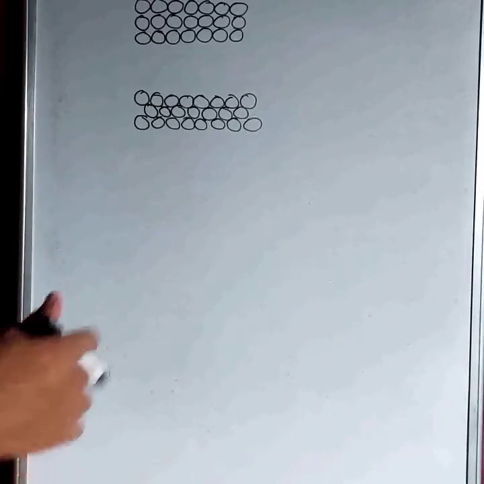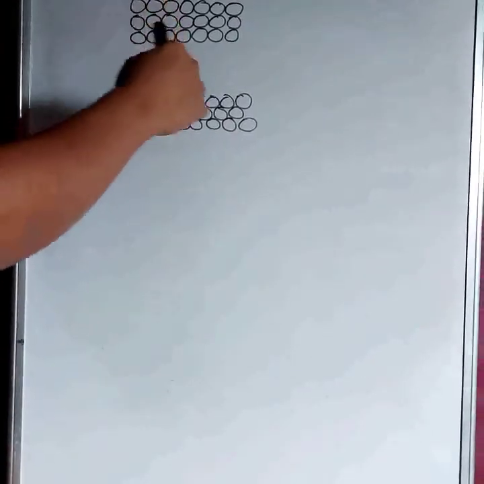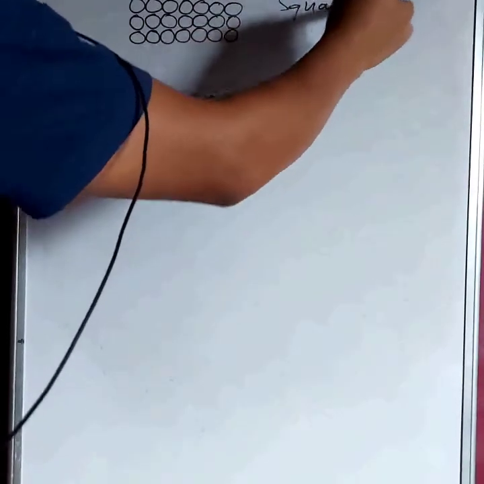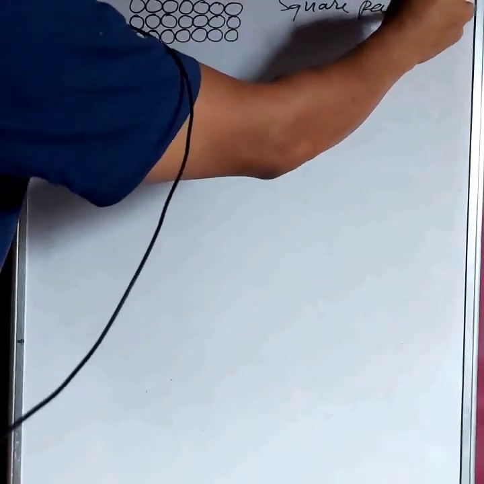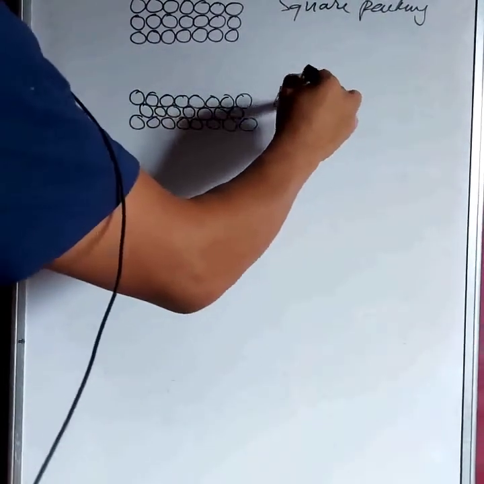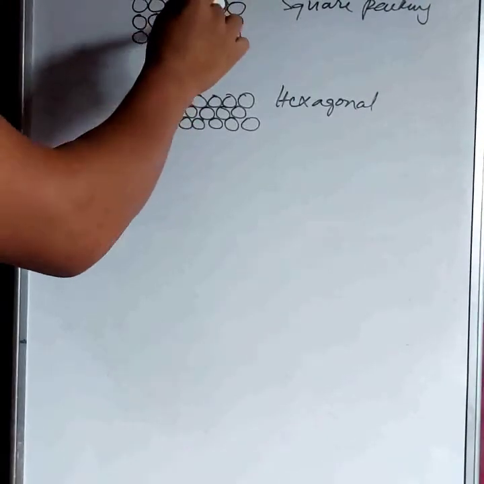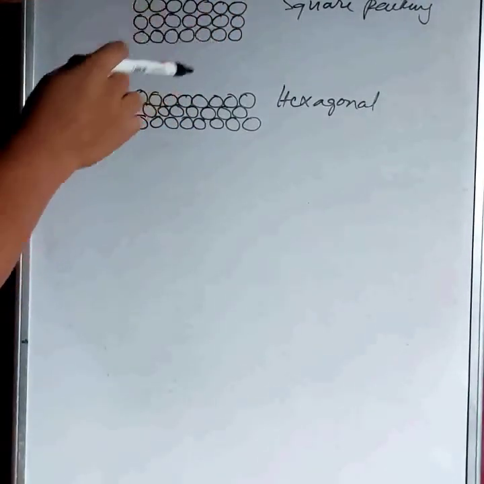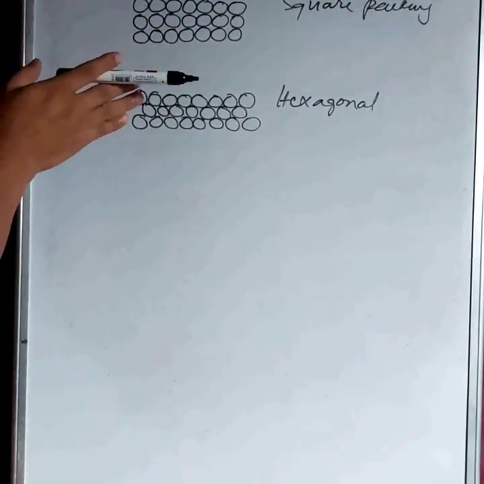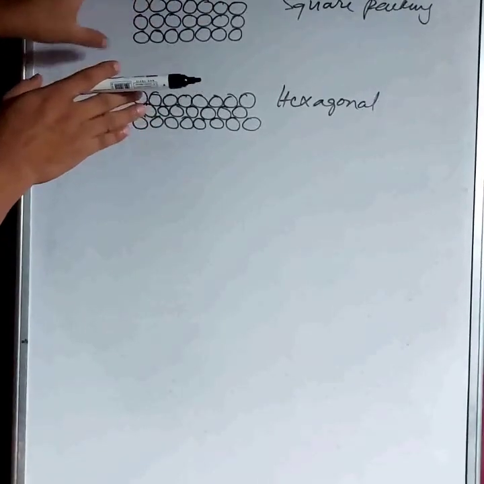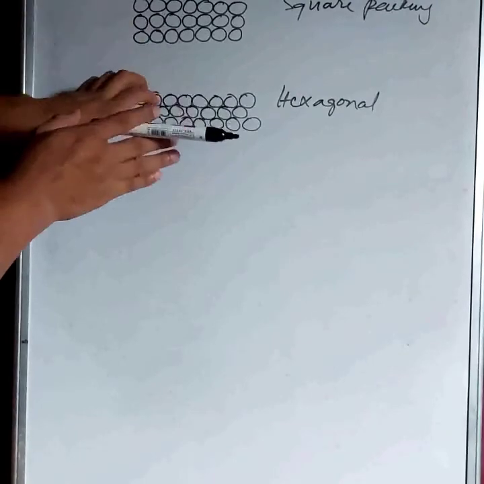Now talking about different types of packing, we can have these 2 different types. This is called the square packing system, and this one is our hexagonal packing system. In the square packing system, the layers are uniform and stacked on top of each other, and hence they are loosely packed compared to hexagonal packing.